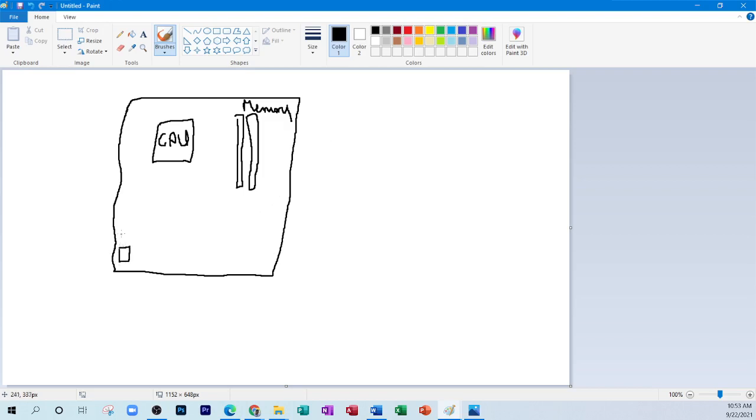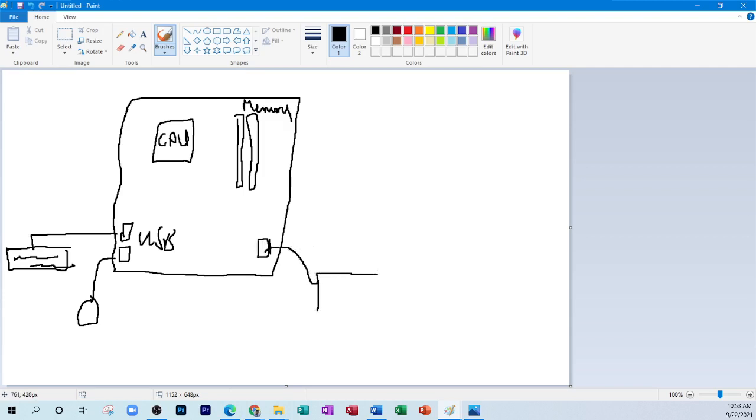We're going to imagine this is a USB port, and your mouse is going to be connected here, and your keyboard is going to be connected here. And inside of the computer is where your storage media is going to be connected. Say for instance, this is going to have a cable running into your hard drive in your computer. So this is your hard drive.